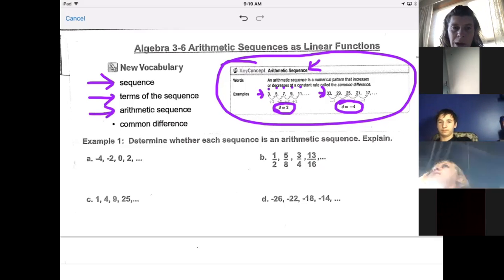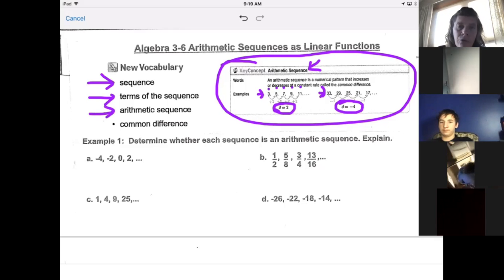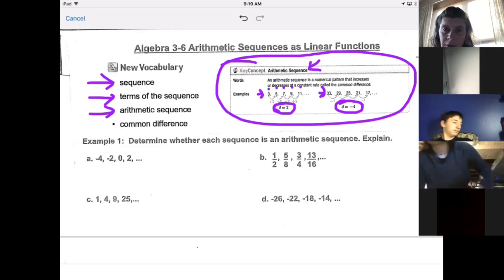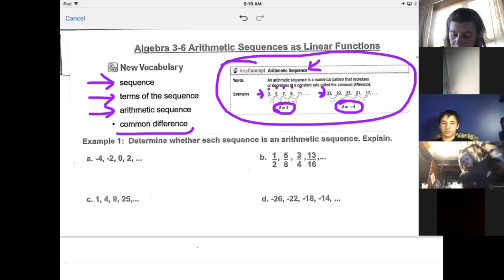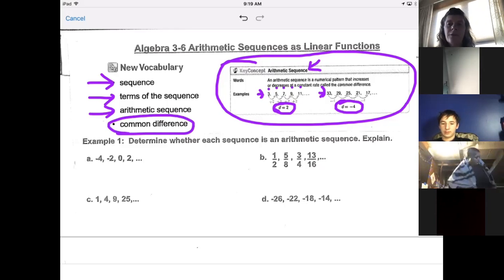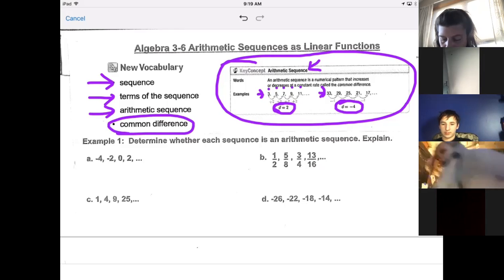Arithmetic sequence means we have a pattern that you're adding over and over again. Now I can say it's adding or subtracting, but subtracting is really just adding a negative over and over again, right? So it means the same thing. And then the common difference, that's the number that's being added over and over and over again.